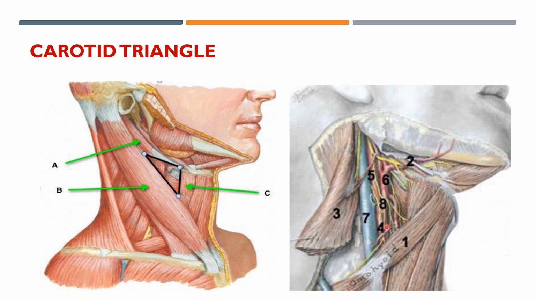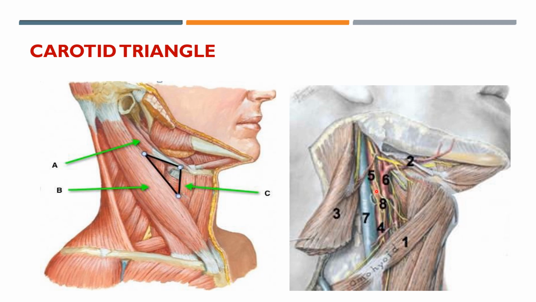So this is the common carotid and internal carotid artery. We also have the internal jugular vein, which is here, and in the back and between them we have the vagus nerve.